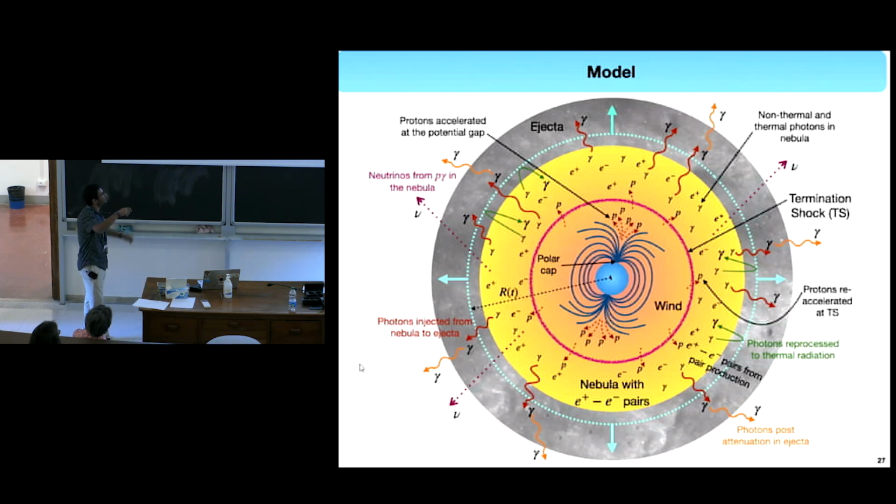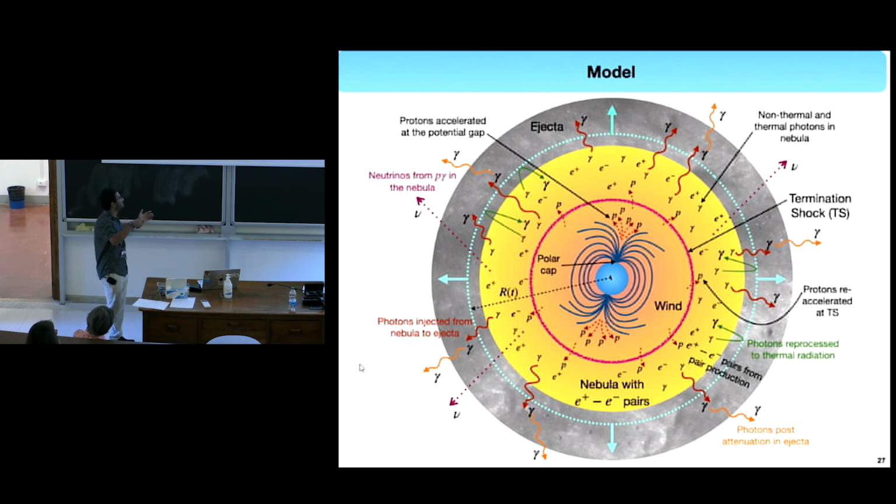Now, this wind is associated with a shock structure, the red line that you see over here, which is what we call the termination shock. Eventually, as this system evolves in time, a part of the ejecta gets highly ionized, and it has tons of e plus e minus pairs, and this is the region that we call the nebular region.